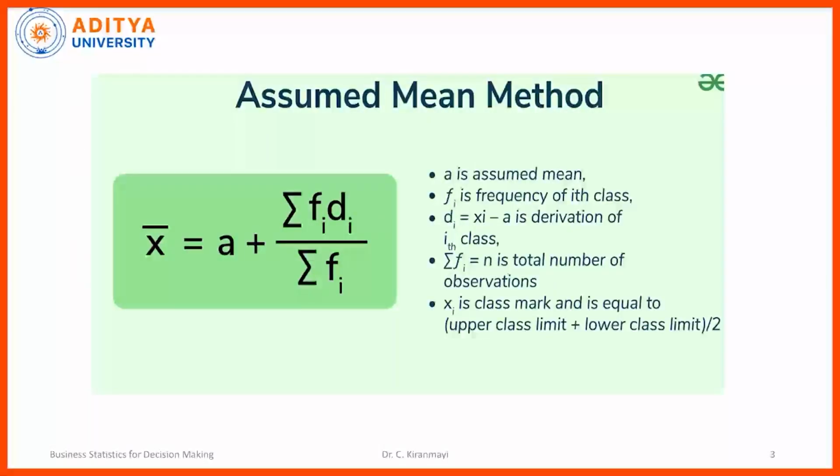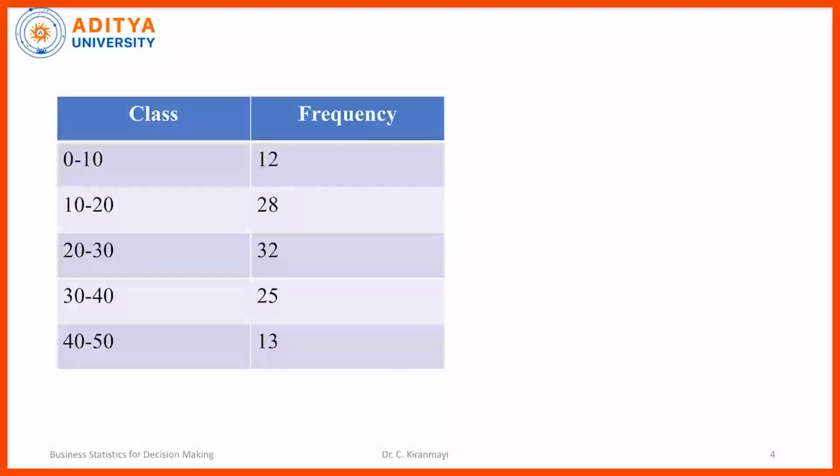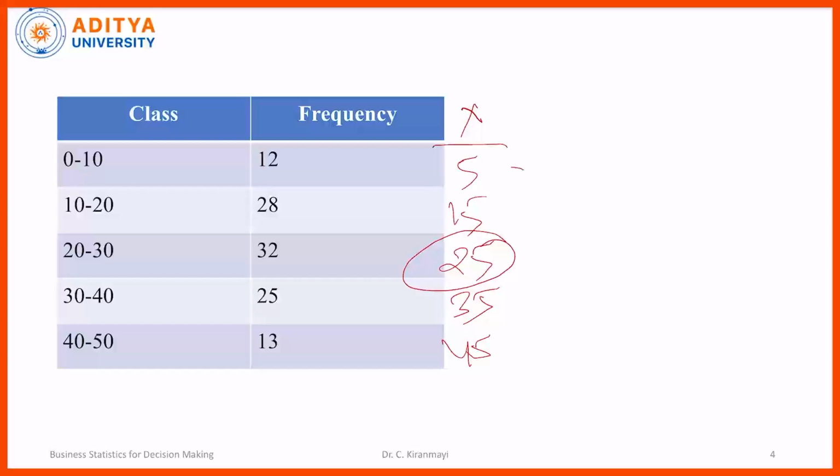To compute mean in case of grouped distribution, we use the assumed mean method. It is called the assumed mean method because after computing the mid values for each class interval, we randomly consider any one value among all these x values as a mean value which we are assuming.